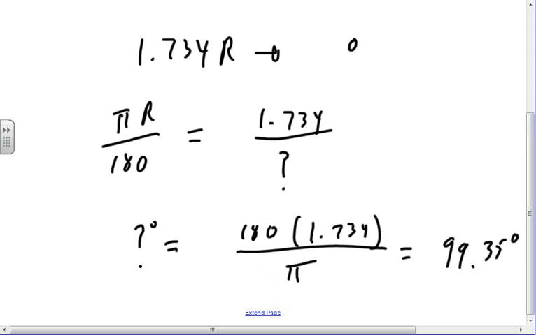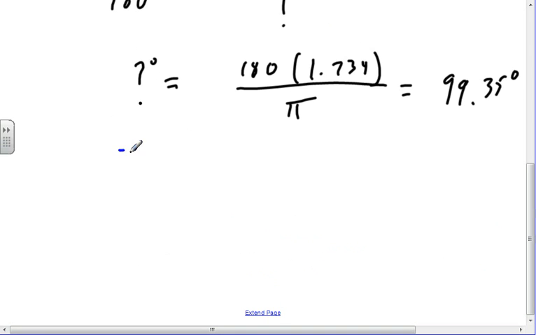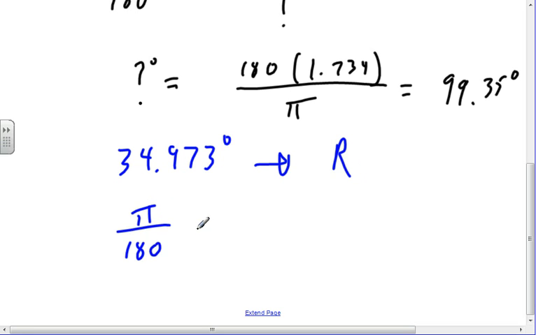So let's go the other way. I got 34.973 degrees, and I want to know how many radians that is. Okay, so pi radians is to 180 as some question mark of radians is to 34.973.